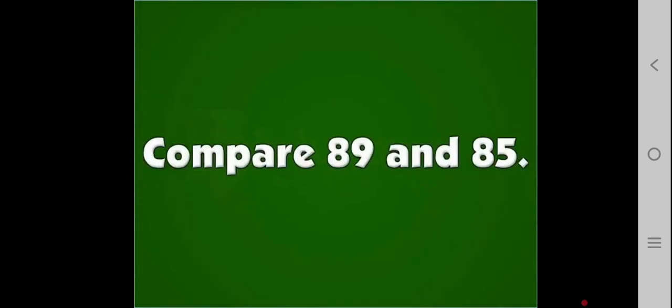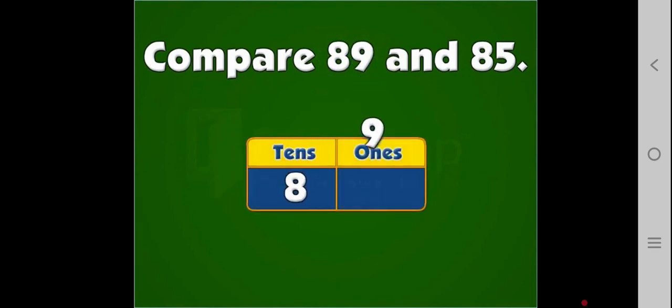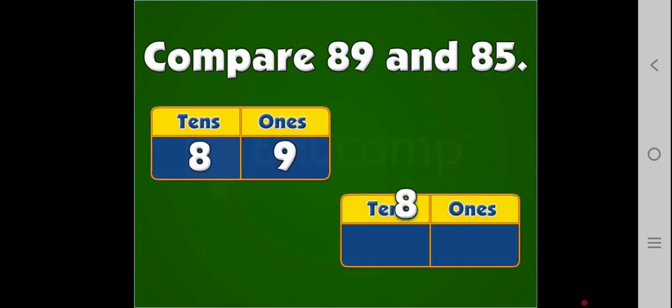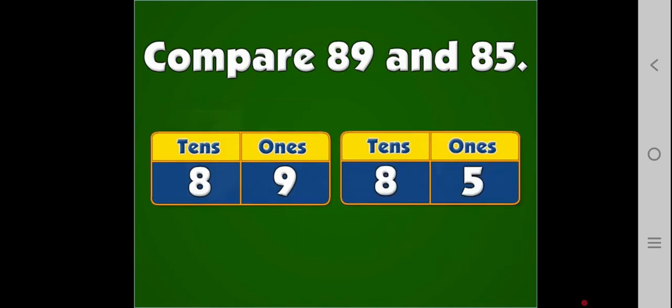Next, we have two numbers, 89 and 85. 89 is the same as 8 tens and 9 ones. And 85 equals 8 tens and 5 ones. If you first compare the number in the tens place, you will find that they are the same. Both the numbers in the tens place are 8.